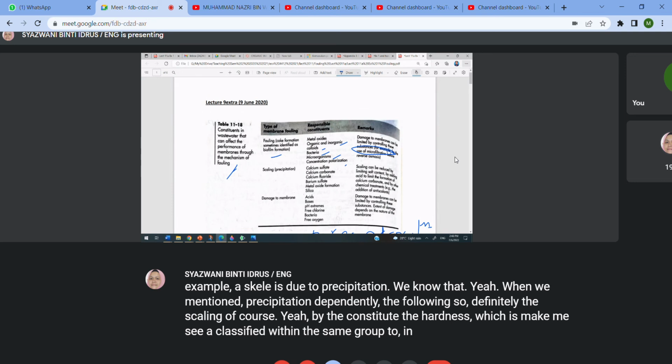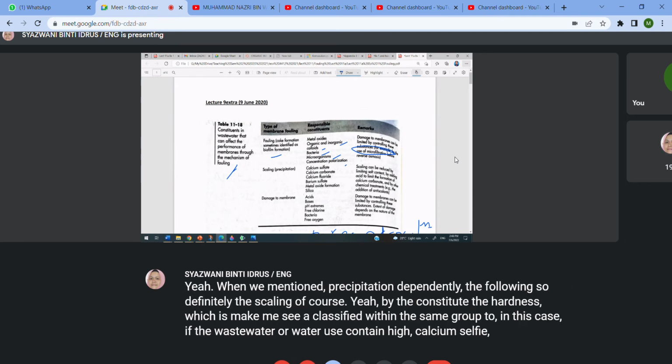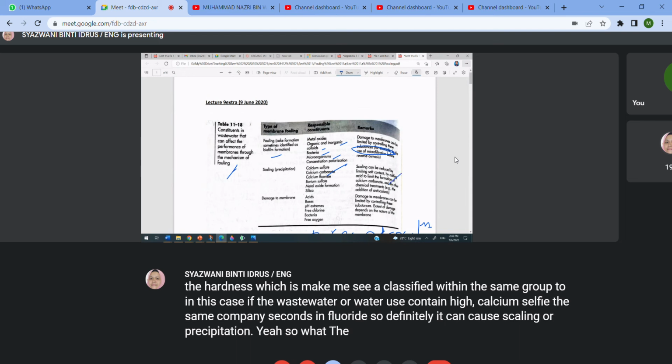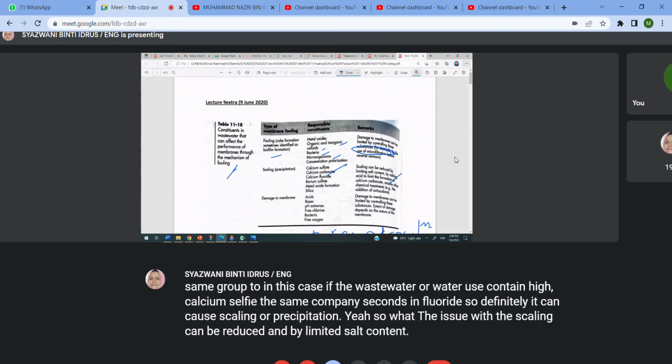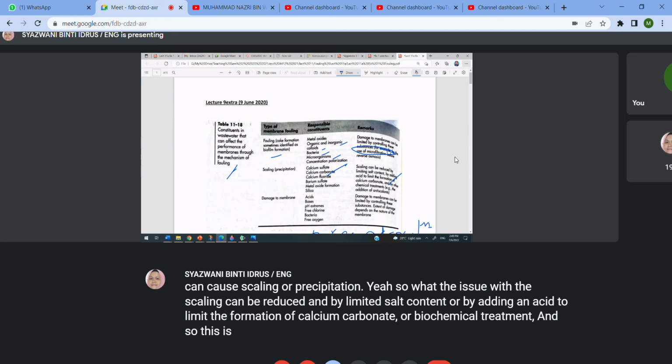If the water or wastewater used contains high calcium sulfate, calcium carbonate, or calcium fluoride, it can definitely cause scaling or precipitation. So what about the issue of scaling? It can be reduced by limiting salt content, or by adding acid to limit the formation of calcium carbonate, or by chemical treatment. This is exactly the same treatment we use to reduce hardness in water.